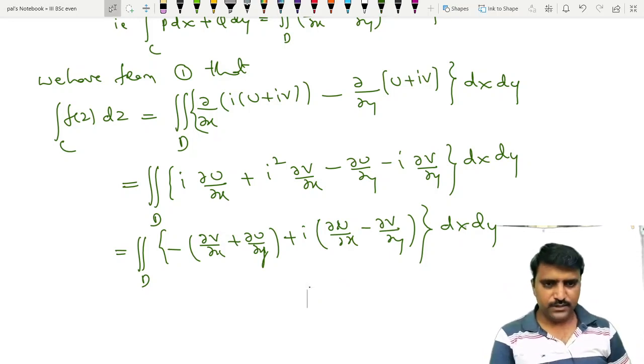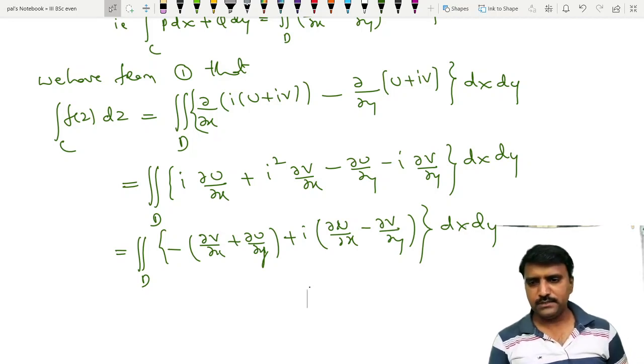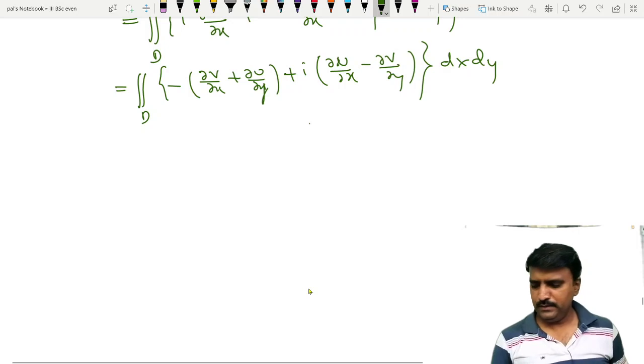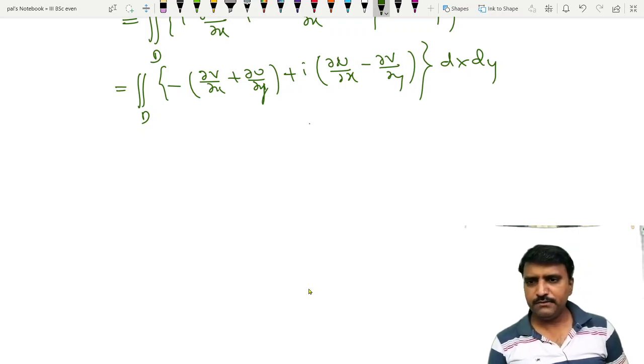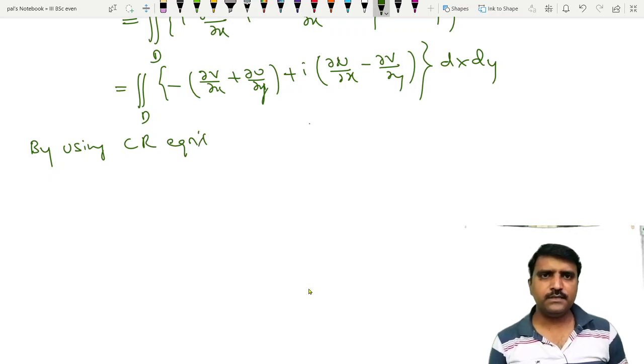Here we use the CR equations, that is, the Cauchy-Riemann equations. So what are the CR equations?